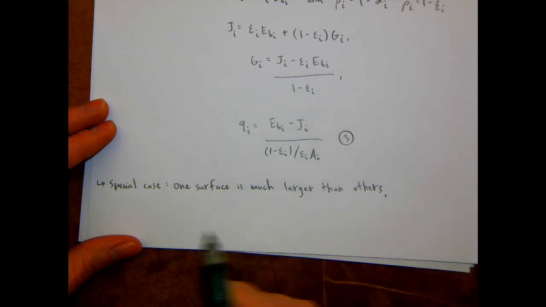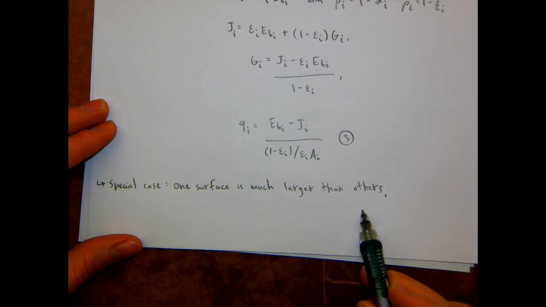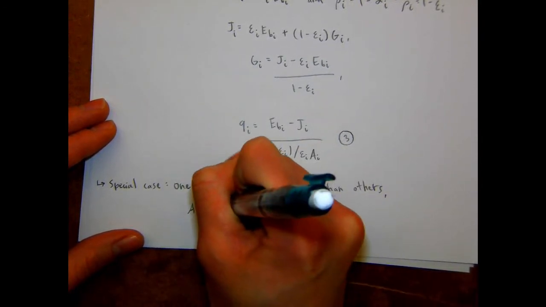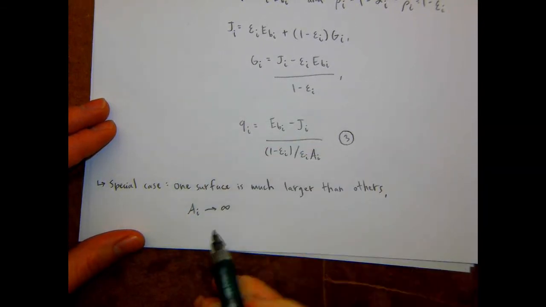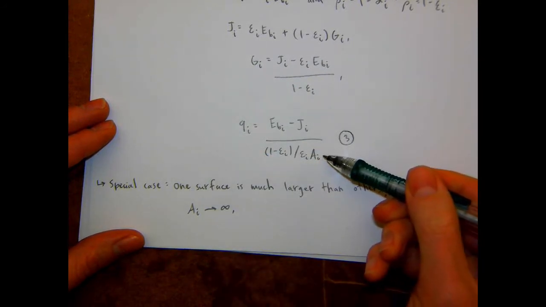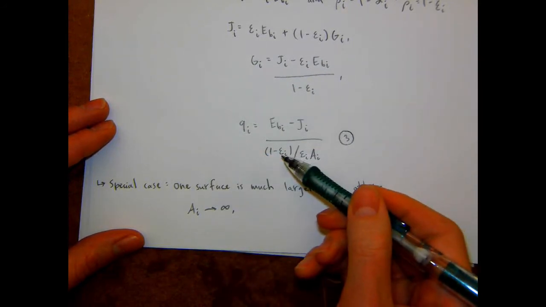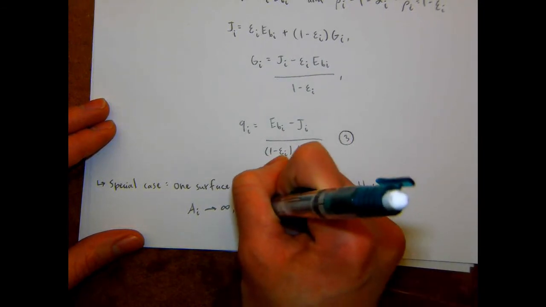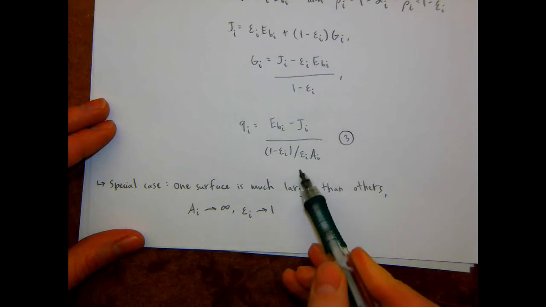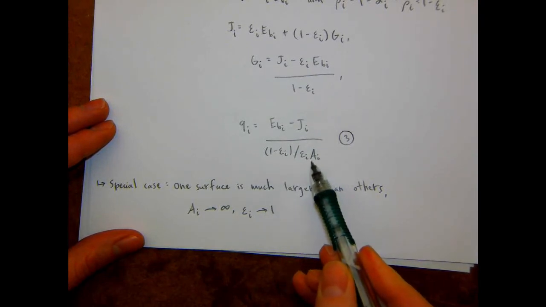If you say one surface is much larger than the others, that's the condition of the area of that surface going to infinity, which has the same effect mathematically as the emissivity going to 1. So basically forcing this term to 0, forcing the resistance to 0.